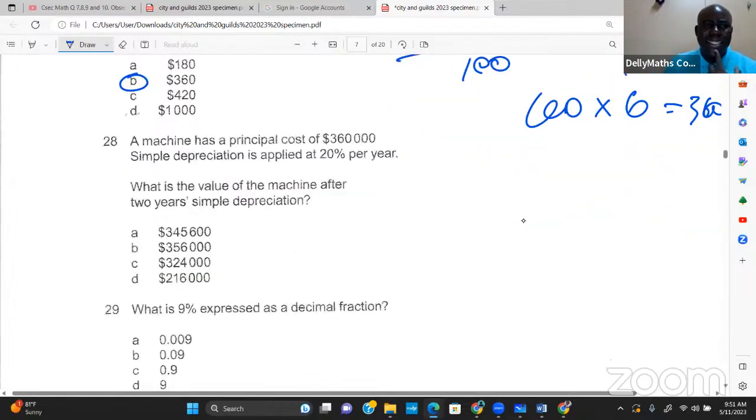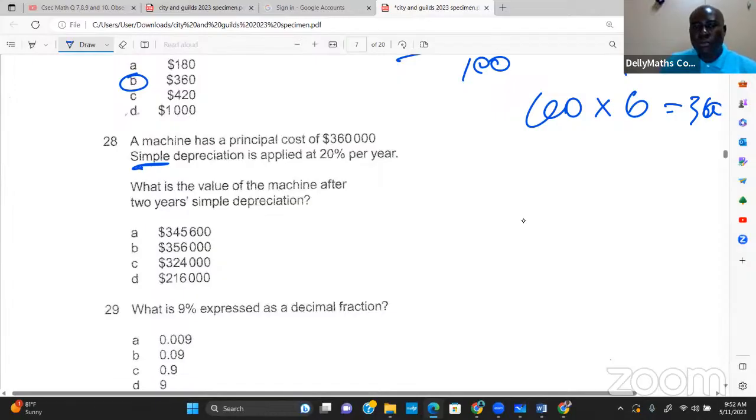All right, next question says, a machine has a principal cost of 360,000. Simple depreciation is applied at 20% per year. So we're talking about not changing the amount, right? When we say simple depreciation, we're keeping that 20%, so basically it's going to turn into 40% over 2 years.